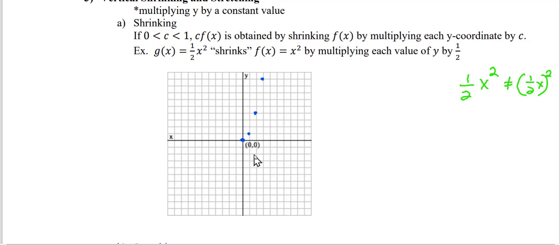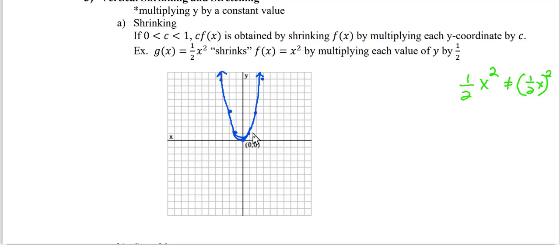Let's go with some negatives. When x equals -1, y is 1. We have that symmetry over the y-axis. So we get these points if you were to plug in values there. Okay, so that's our standard parabola. Oops, make sure we actually come down and hit that vertex down here at the origin.